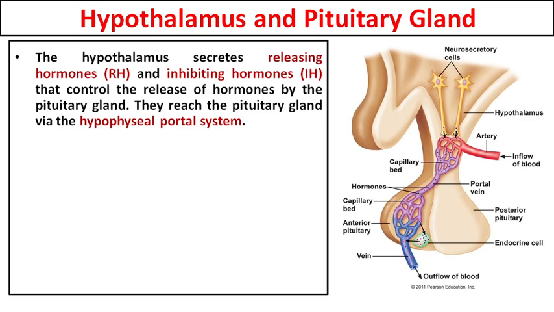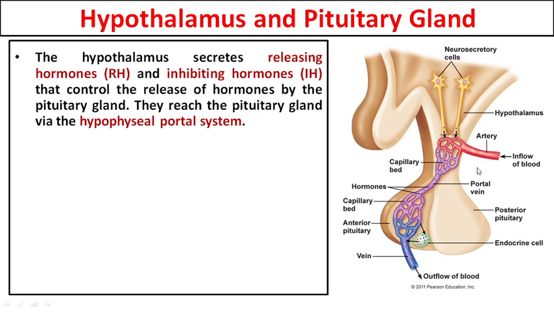Now, if you remember in the last class, we discussed that all of these endocrine glands are ductless. So where is the hormone released? The hormone is directly released into your blood, right? So this portal system is just a special type of your circulatory system, a special type of blood vessels.